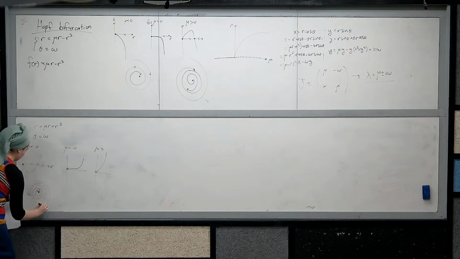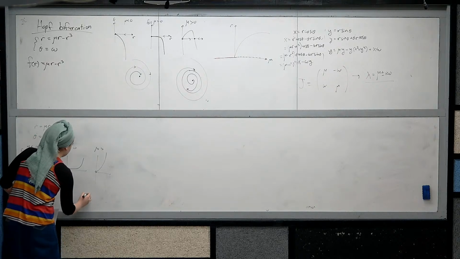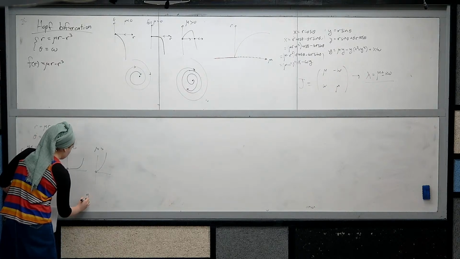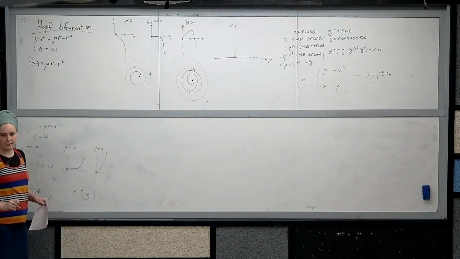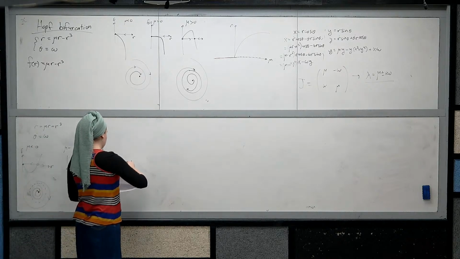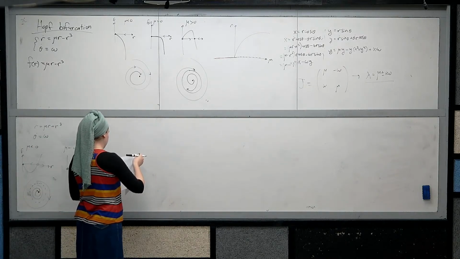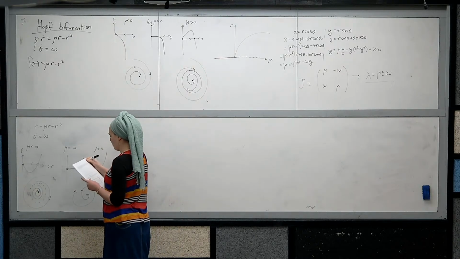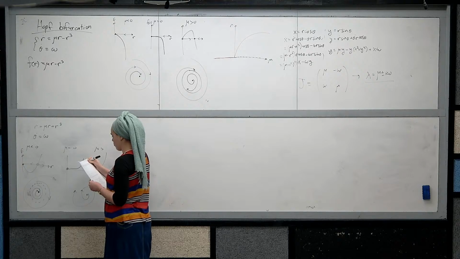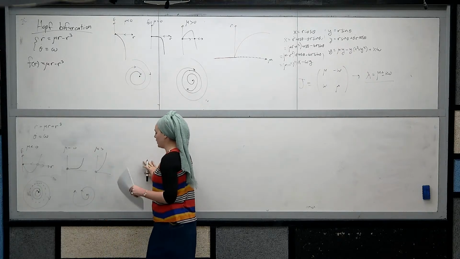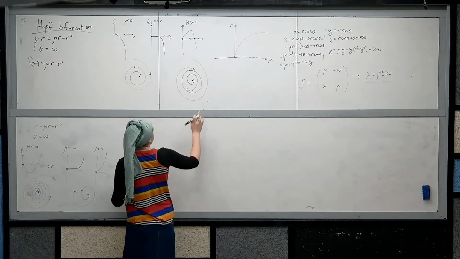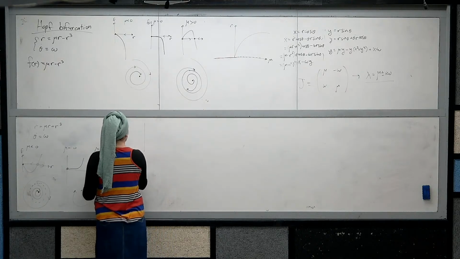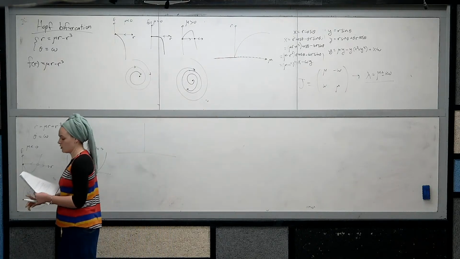And an unstable spiral. So this is now the situation, and the diagram will be just the opposite.